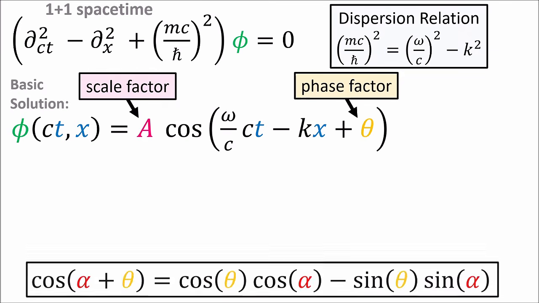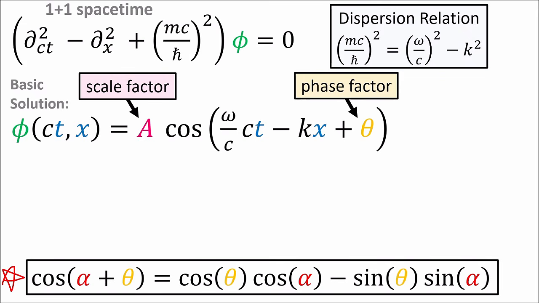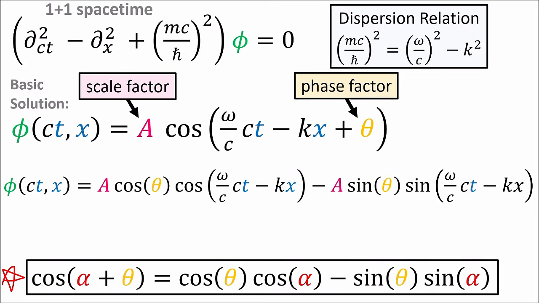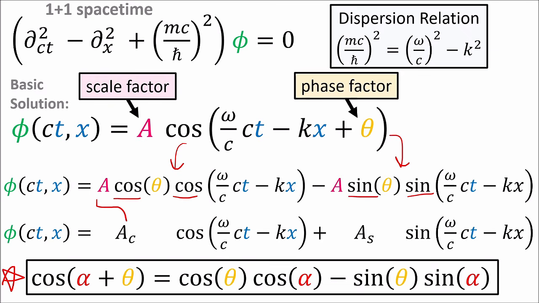You might also recall the cosine angle sum identity. This allows us to split the cosine into a sum of a term with cosines and a term with sines. And we can rewrite the scale factor a times the trig functions of theta as new scaling constants. So giving the cosine wave a phase factor is the same thing as writing a sum of a cosine wave and a sine wave.